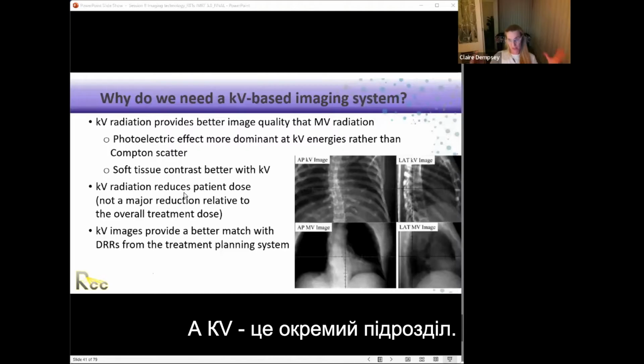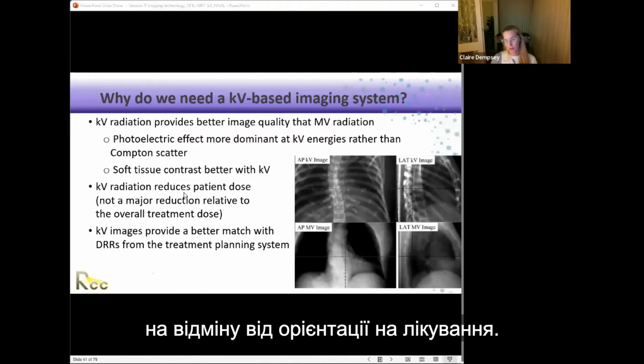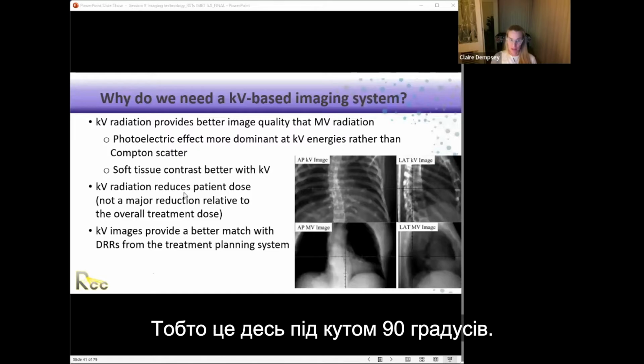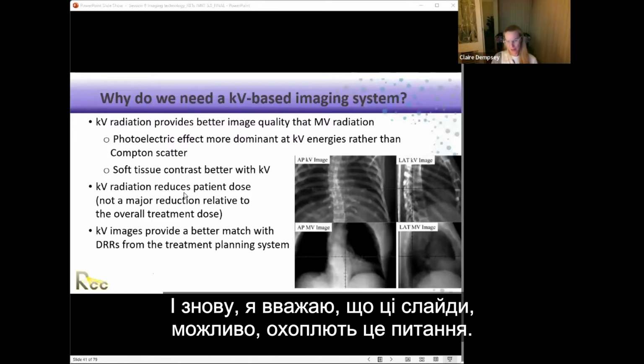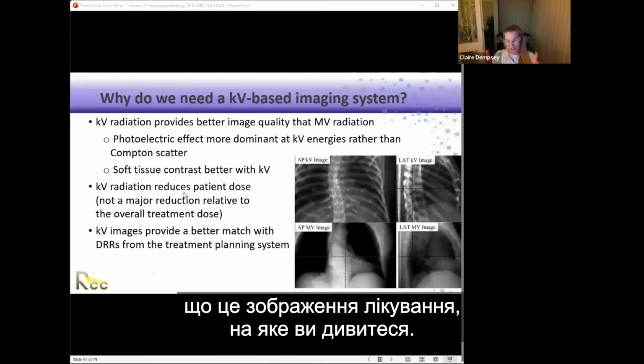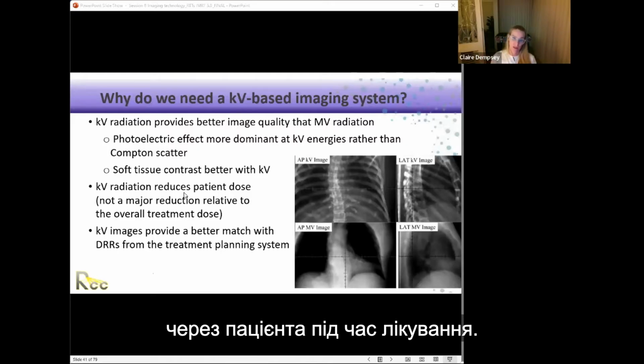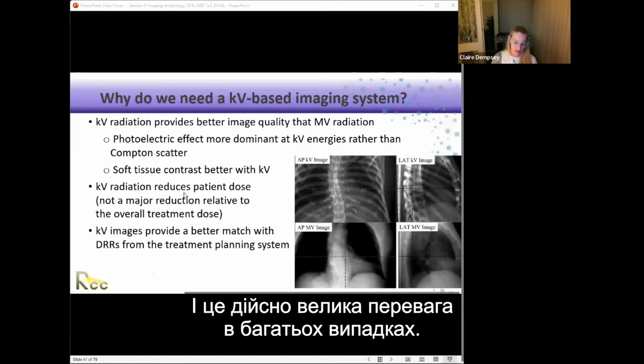Whereas KV is a separate unit, so it has a different orientation on the patient as opposed to the treatment orientation. It's kind of at 90 degrees to that. Again, I think these slides will probably cover this as well. So the advantage of an MV image is it is the treatment image that you're looking at. So you know exactly where the radiation is passing through the patient during treatment. And that's a really big advantage in a lot of cases.